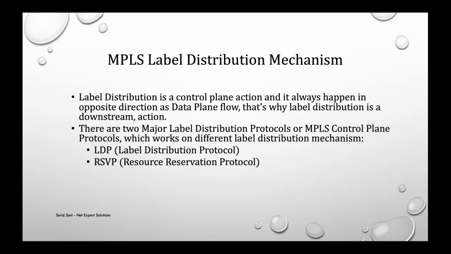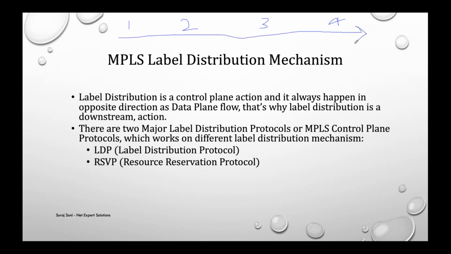Okay, and it always happens in the opposite direction of the data plane flow. So guys, you need to understand this part. Control plane allocation is always opposite of the data plane flow. How? Let me explain. So we have 1, 2, 3, 4. These are my hops, and this is my data plane flow.